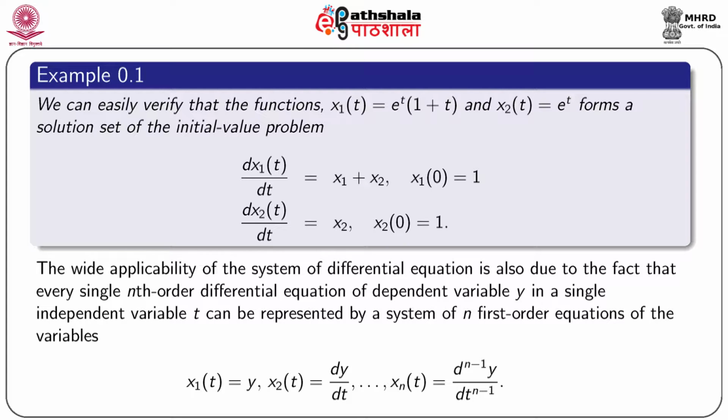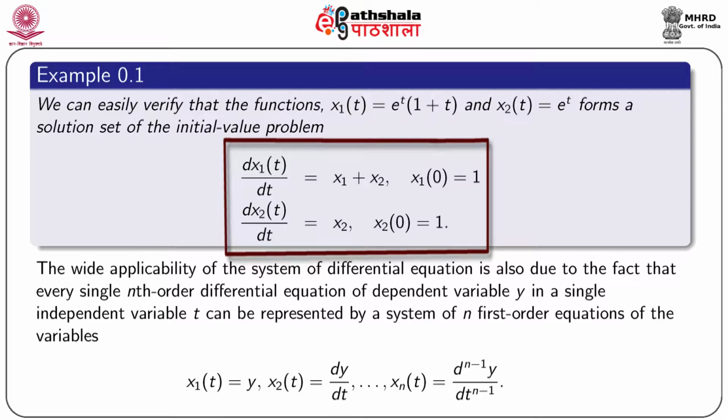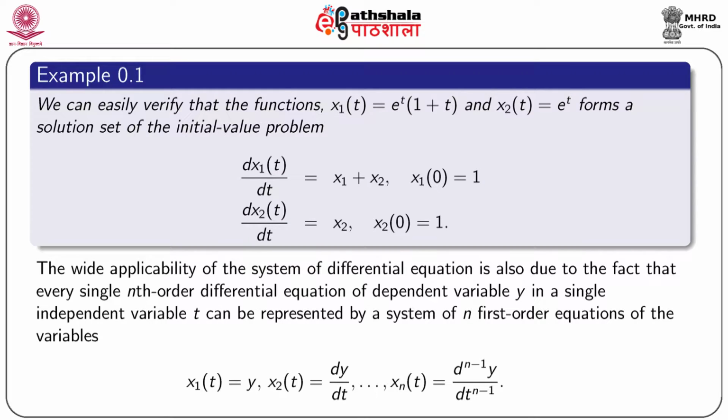For example, if you put x1(t) equal to e^t (1 + t), the first equation gives the differentiation of this, which is e^t plus (1 + t) e^t, and if you substitute x1 and x2, both the left hand side and the right hand side will be the same. Also, if you put t equal to 0 here, this gives the value 1, which is satisfied by this expression.